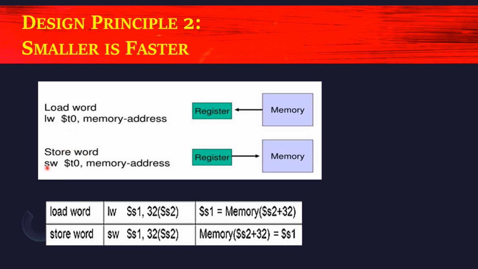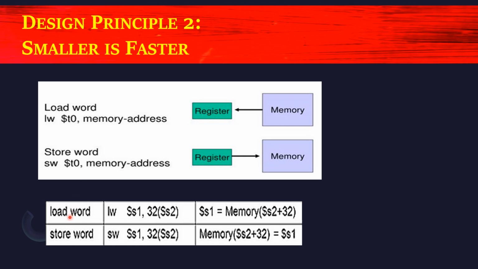So SW $t0, memory address means from the register $t0, it is transferred to the memory address. From the register, it is stored into the memory. From the memory to the register, that is load word. From the register to the memory, that is store word.